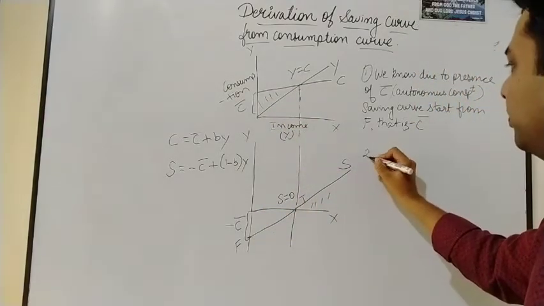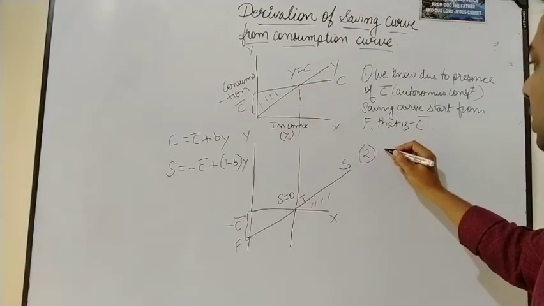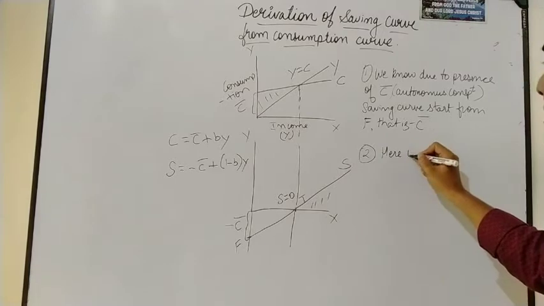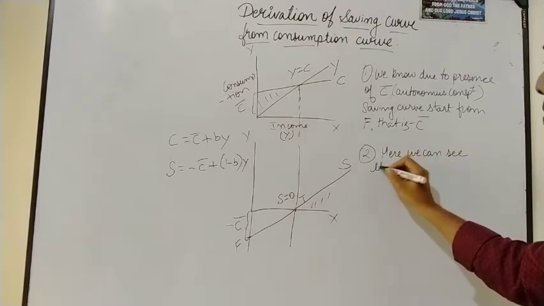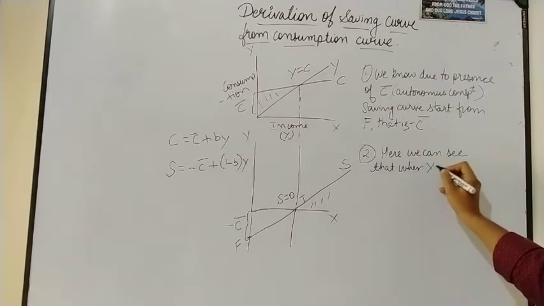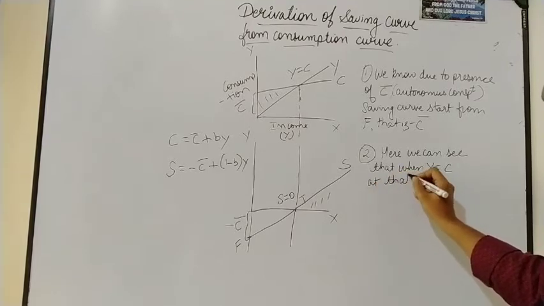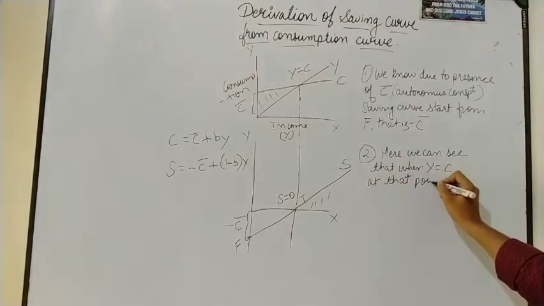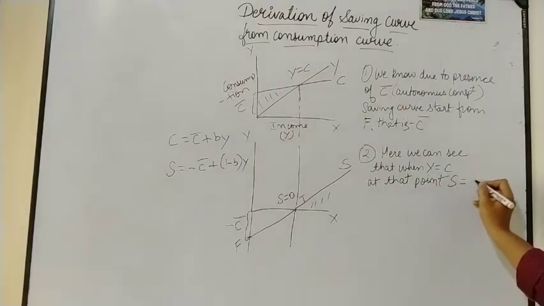Then the second point is about Y equal to C. Here we can see that when Y is equal to C, at that point the saving is equal to 0.